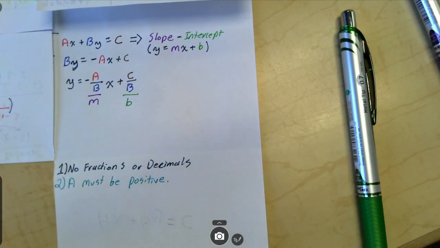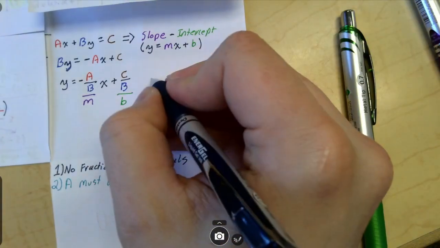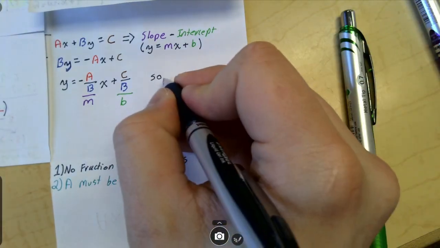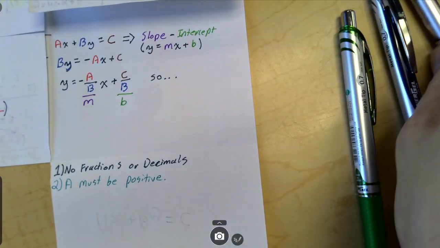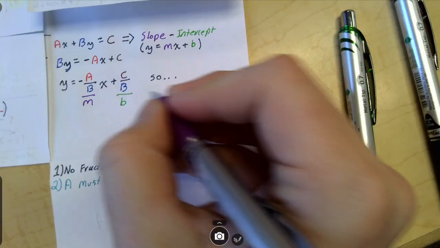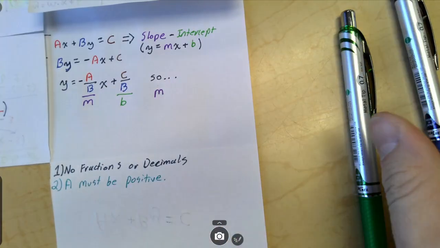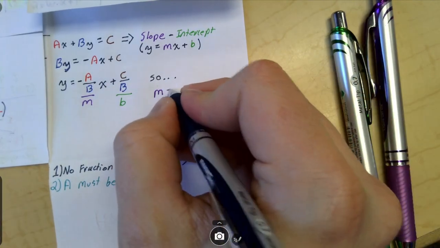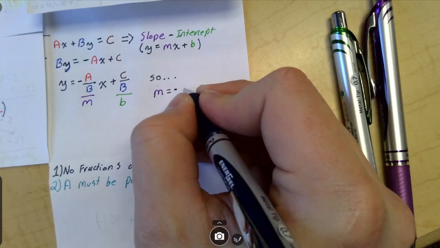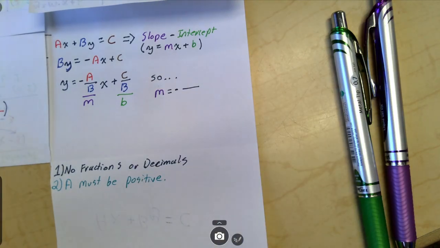So if we're given a standard form equation, its slope is equal to negative A over B.